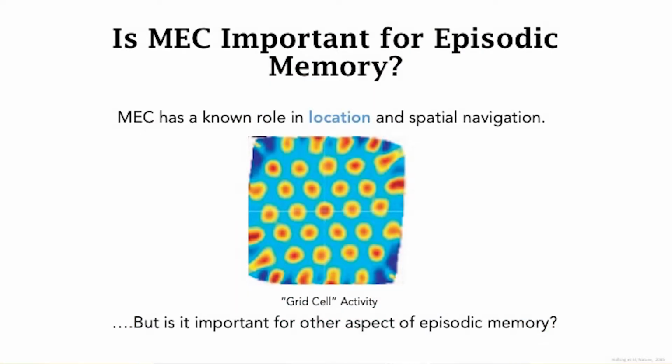So is MEC important for episodic memory? Cells in MEC have been shown to respond to location. The activity above is recorded from a grid cell, and these grid cells have this very systematic pattern as you travel through space. So because of these cells in MEC, it's believed that this brain region is important for location.